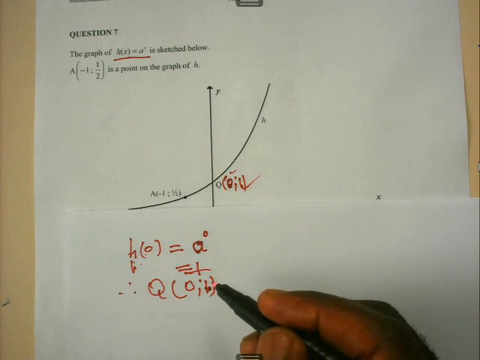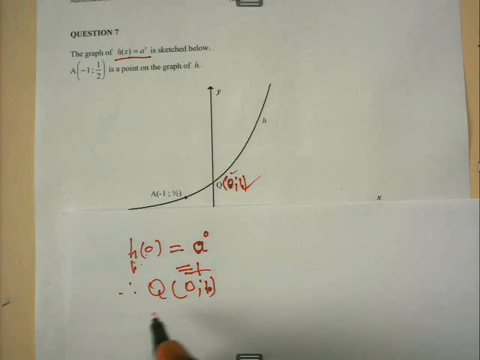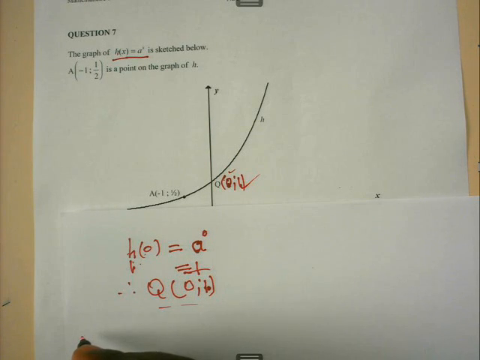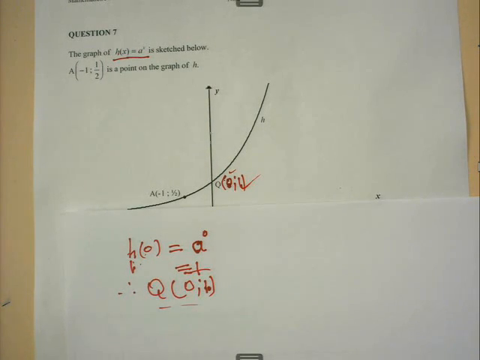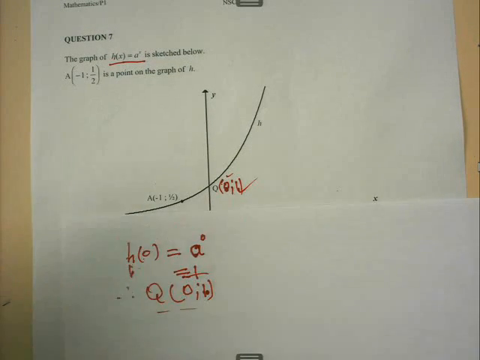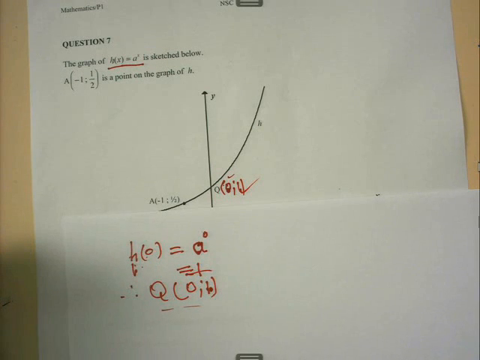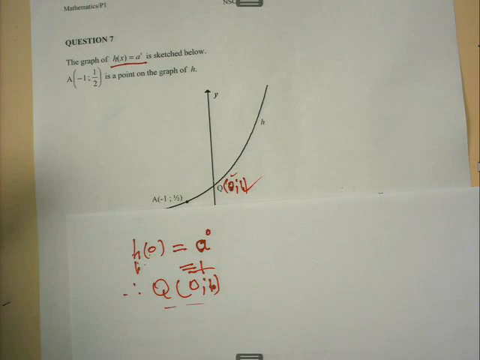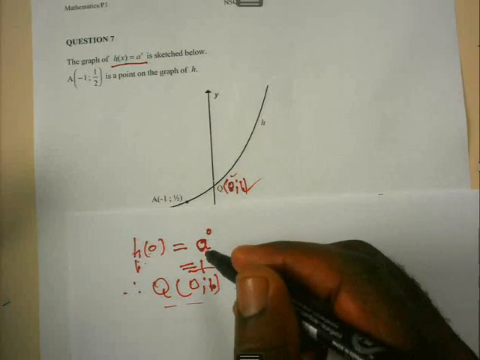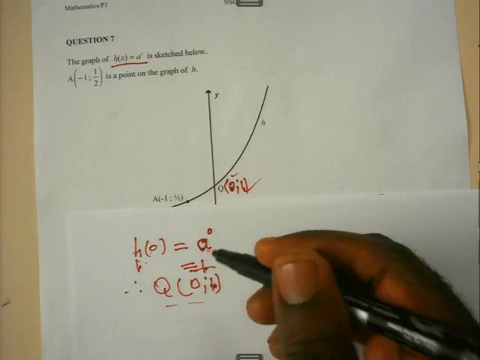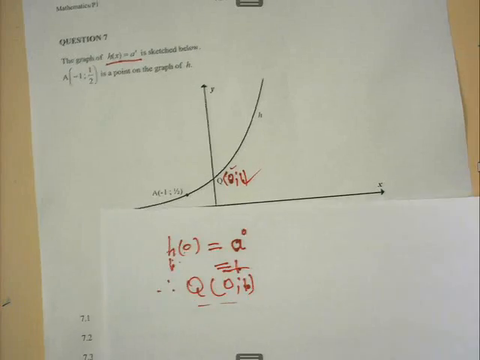Or, if I don't want to answer it in this way, I can have an alternative: any base raised to the power of 0 is equal to 1. We know that from exponents, which gives me a raised to the power of 0 equals 1. So I think that one was so simple.